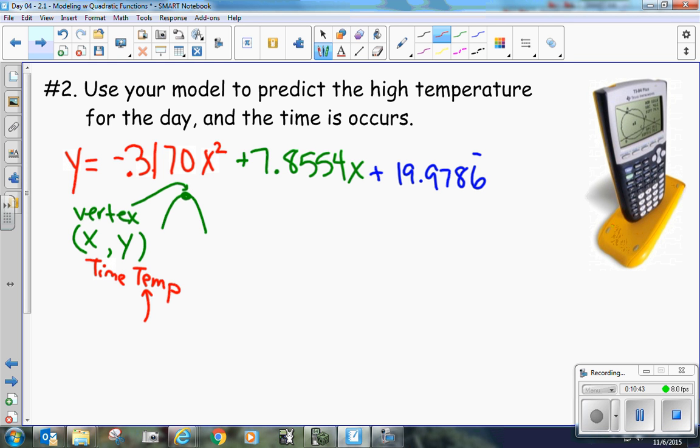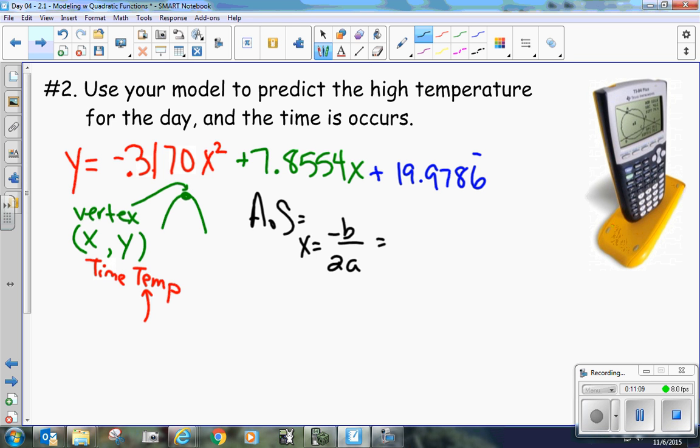Well, I can't just find this. I've got to find one of them first. Can I find one of them? Yes, the axis of symmetry, remember? That's x equals negative b over 2a. Once I get my x value, I can find my y just by plugging it in. You got it. So what is my b value?